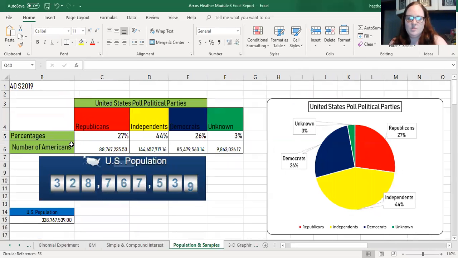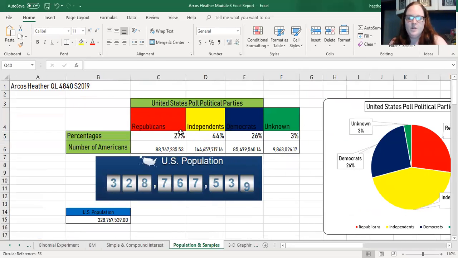And that just shows the percentages of Republicans, and I got the population the day that I did it, which I know changes every second. We have 328,1,767,539.